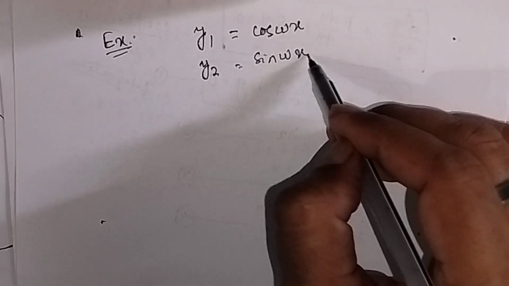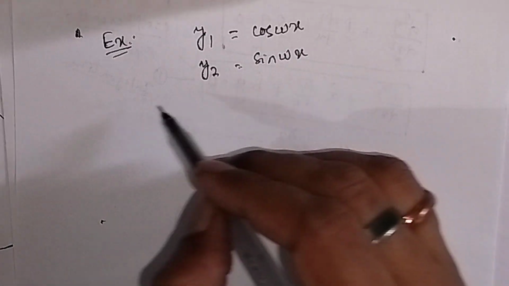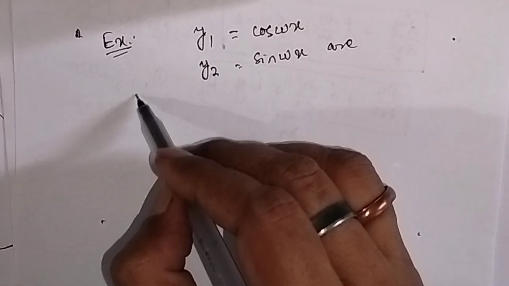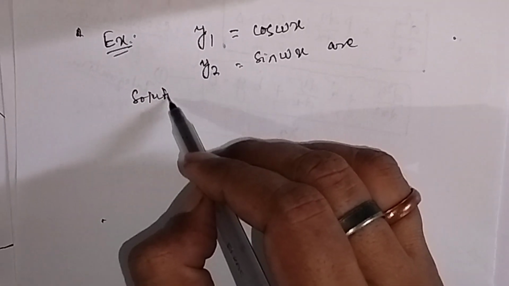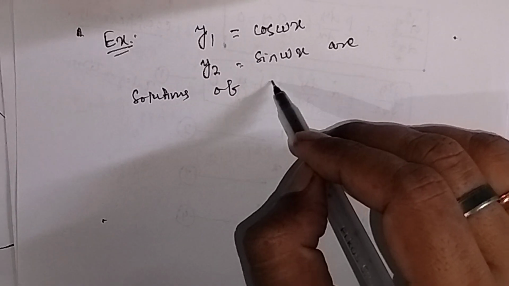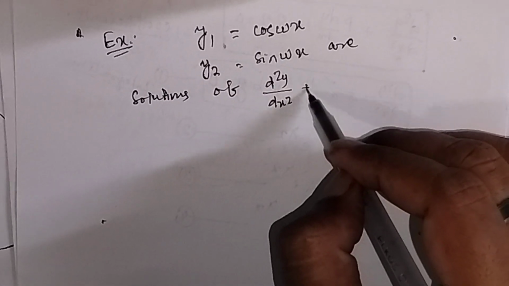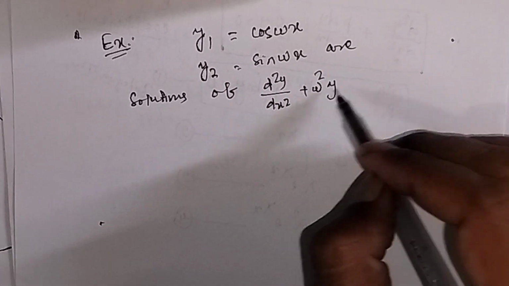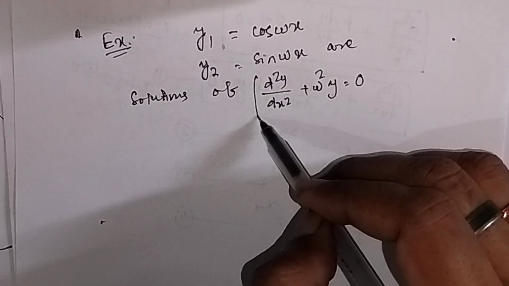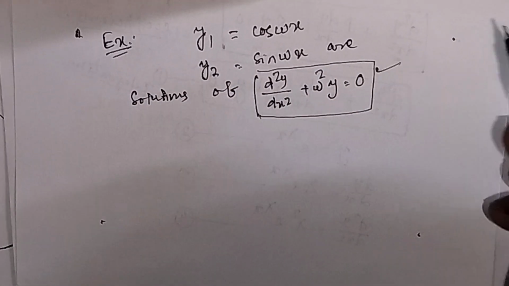These are solutions of the differential equation: second derivative of y with respect to x plus omega square y equals 0. You have to find the Wronskian of these two solutions. This is a well known differential equation.